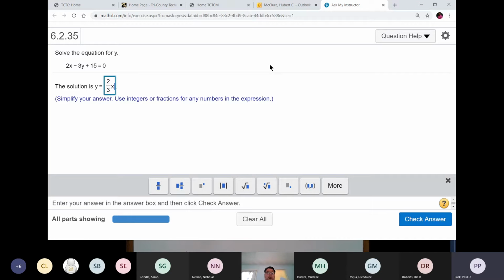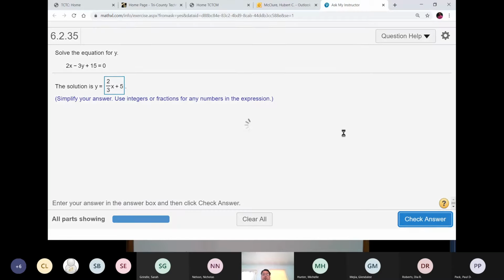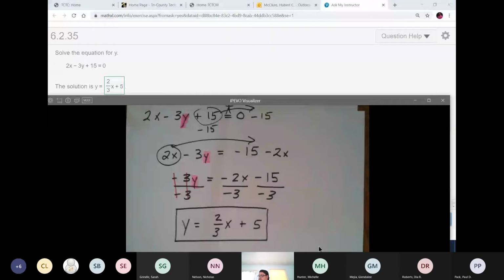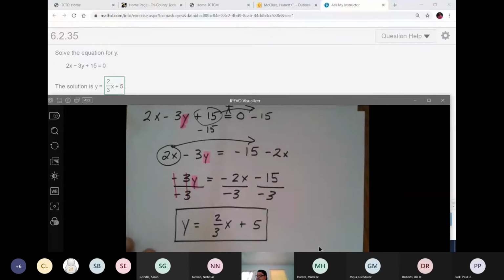So was I getting it wrong because I was putting the 2x after the 15? You wouldn't get it wrong, but the standard form of an equation is like this: y equals mx plus b. So you always put the x first.